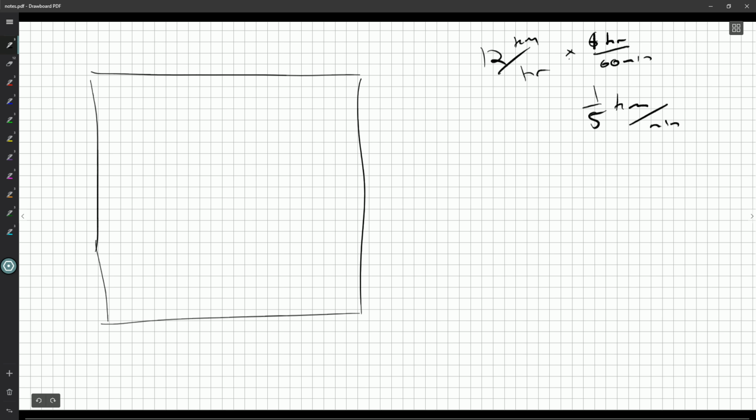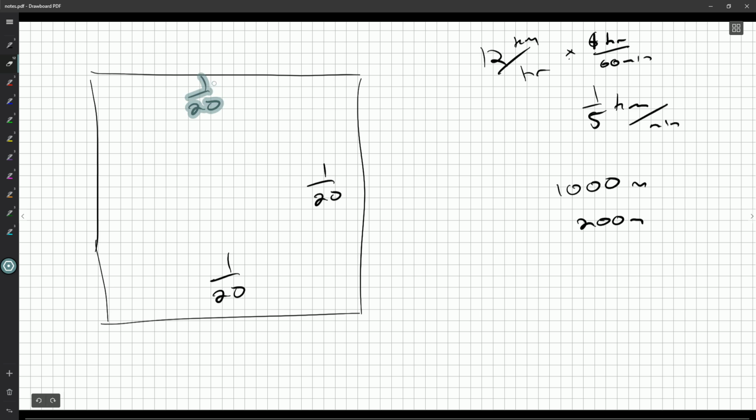So each of these sides, they're squares, so each of the side lengths is the same. Each of the side lengths is a quarter of a fifth, so a 20th of a kilometer. A kilometer is 1,000 meters, so a fifth of that should be 200 meters. So really, 200 meters a minute is what we're doing, and so each of these is 50 meters.